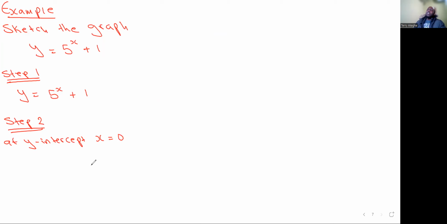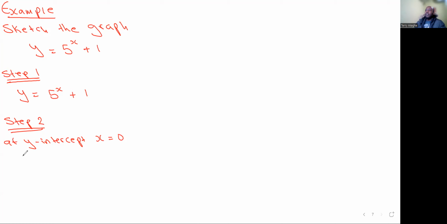This kind of exponential graph, you're going to deal with more when we talk about transformation between graphs, and you'll appreciate the sketching. Sometimes you're not really sure, you can just quickly sketch it, and you can see how the graph transforms from one function to another, okay? So let's go back. At the y-intercept, x is equal to 0, so anywhere you see x, you put 0.